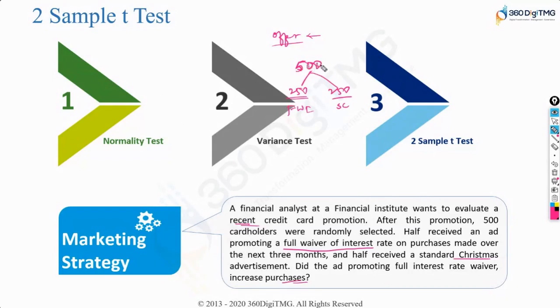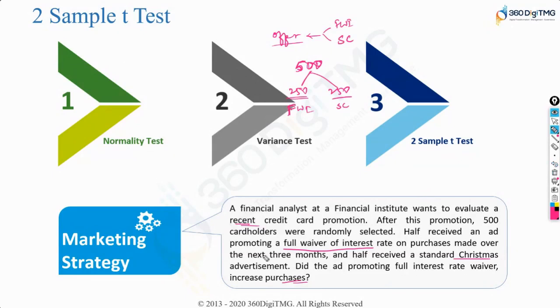A credit card promotion should encourage customers to use the credit card more often. So I have 2 offers. Which offer is encouraging customers to purchase more? That is what we need to check here.